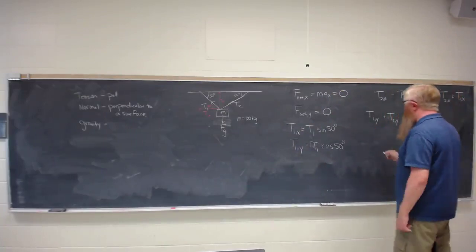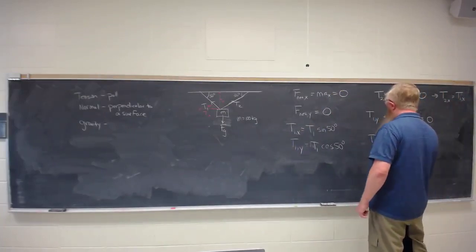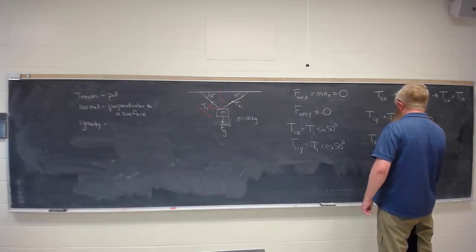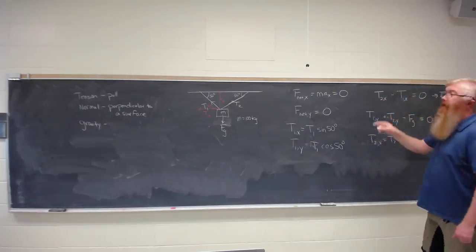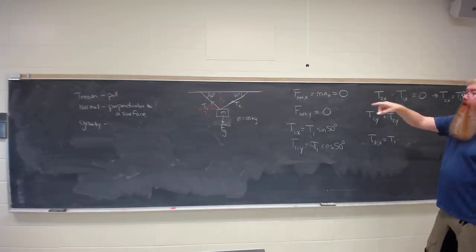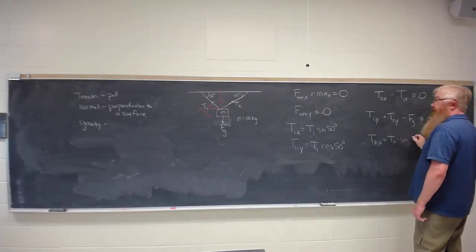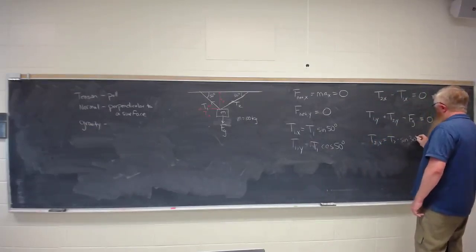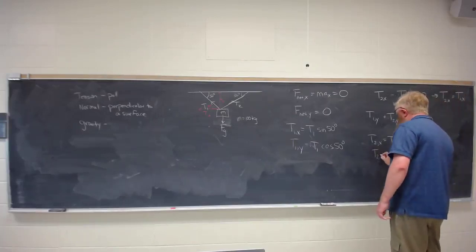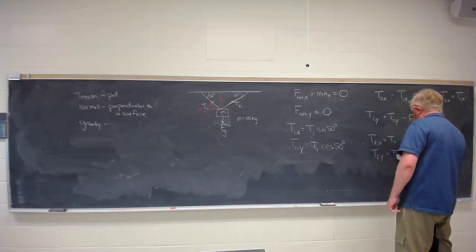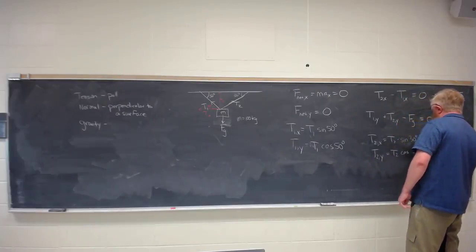And then T2, I can do the same thing. T2x is equal to T2 times, with the x component, that's 30 degrees, so sine of 30 degrees. And T2y is equal to T2 times the cosine of 30 degrees.